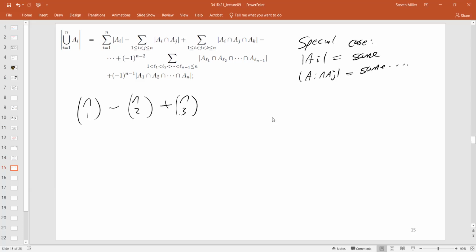And the pattern continues all the way down to plus or minus (-1)^(n-1) times n choose n. We've chosen everything. Does this look like anything you've seen before? It's not a Taylor series. Where have you seen something like this?